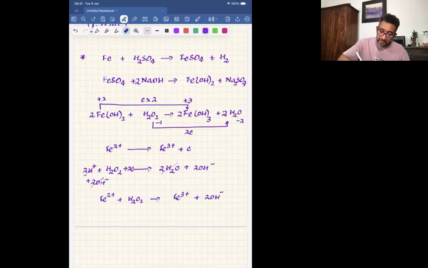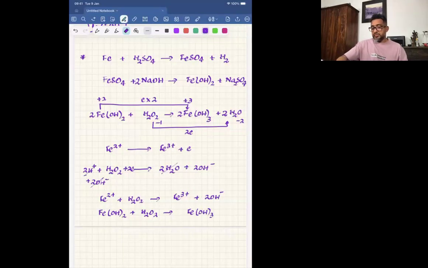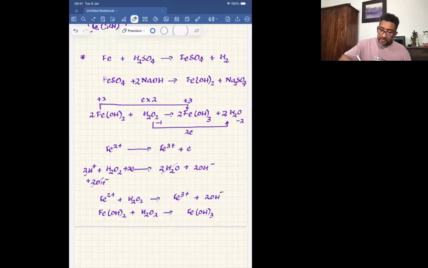So ferrous hydroxide means you have 2 hydroxyl, Fe(OH)₂, and H2O2. That gives you Fe(OH)₃.